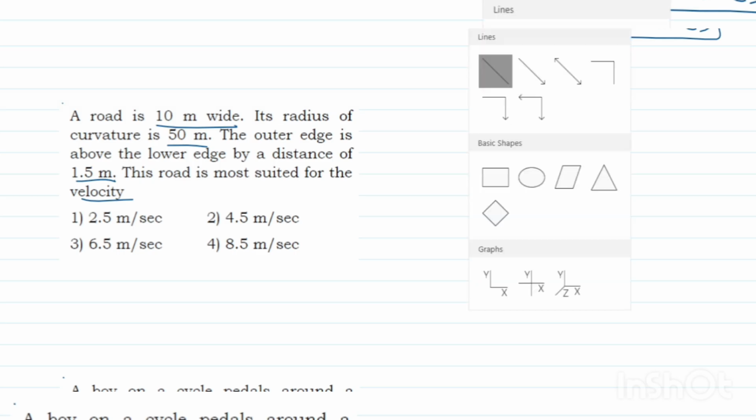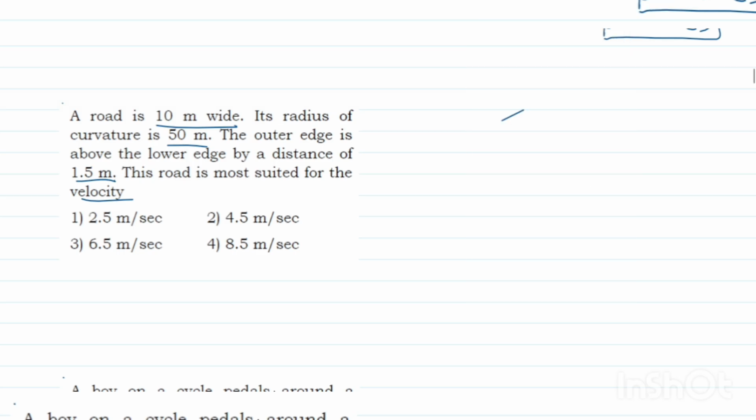Here let us take an inclined plane, students.